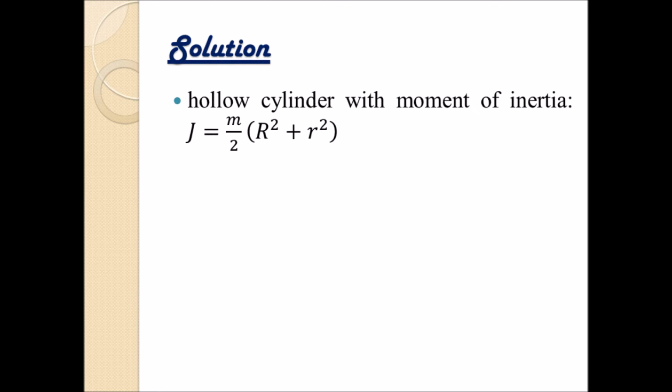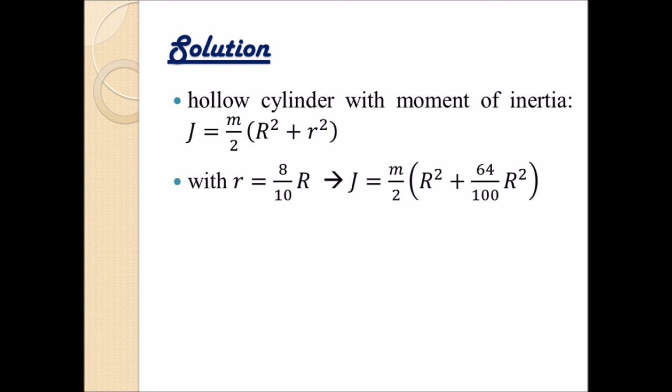And what we know is that the inner radius is 80% of the outer radius. So we can take r equals 8 divided by 10 times the outer radius and put it into our equation. Then we have again only mass m and outer radius that have to be taken into account.